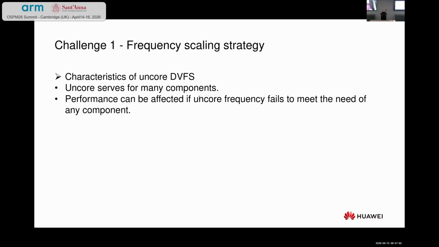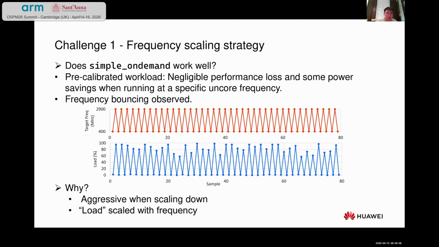If another application needs more QoS and its performance is not enough, that is a problem. So we are just trying to reduce some power while maintaining the performance goal. This is one key part here.